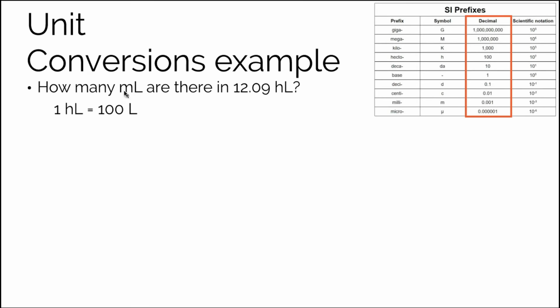And now we also want to know what milliliters are. So you'll go back to your table, find milli on this, symbol M, that represents 0.001 of your base. So we know that 1 milliliter is equal to 0.001 liter. So now we have 2 conversion factors that we need to use.